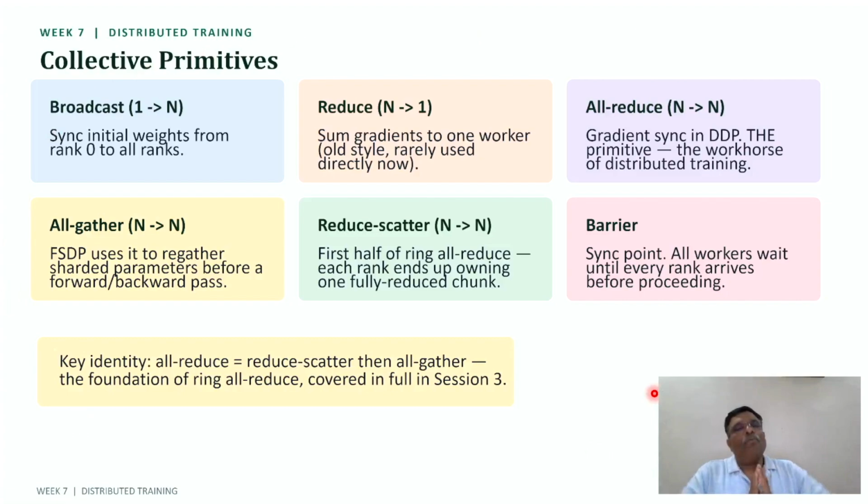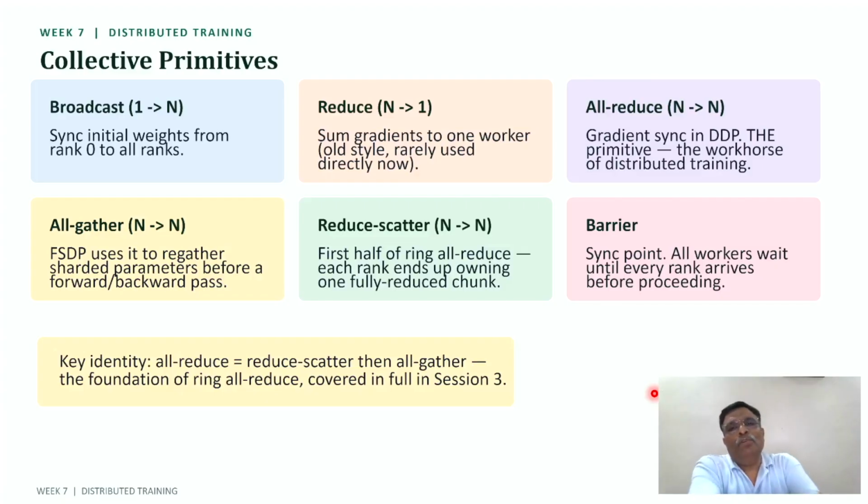So you have broadcast, which syncs the initial weights from rank 0 to all the ranks, from 1 to n. Reduce is when you want to sum up all the gradients and give the result to a single main ranked process. So there you use reduce. People say it's old style.